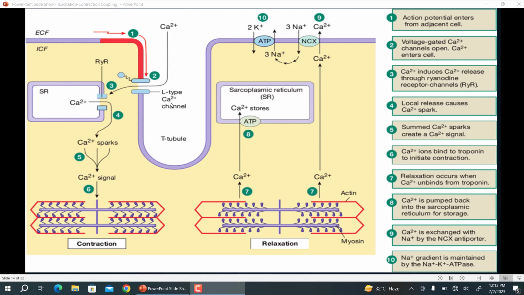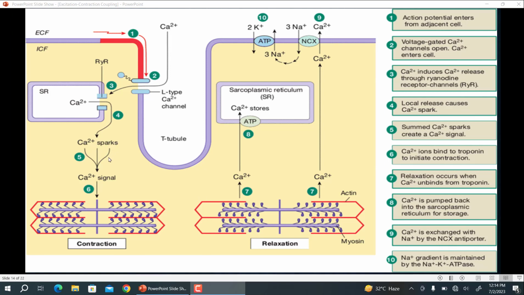Here the L-type or DHP-type sensors activate, the calcium channels open, and calcium from the T-tubule enters into the muscle fiber. Also, by activation of the ryanodine receptors, they open the calcium channels on the sarcoplasmic reticulum, and calcium also comes out from the reticulum.